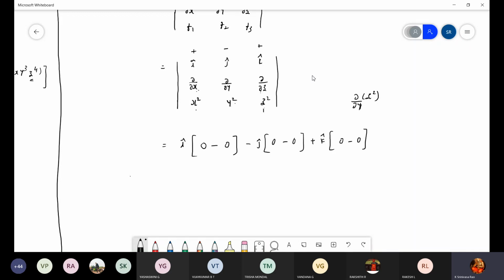So finally curl f equals 0. See, if you want, you can write one more step. I did actually directly. If you have any confusion, you can take one more step. If you not understand, you can ask.